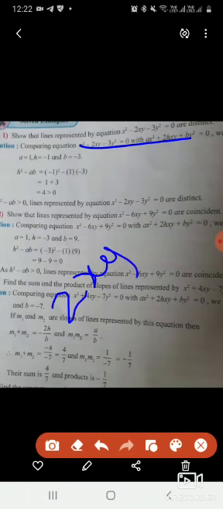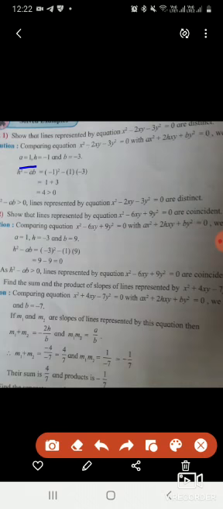So first we compare the given equation with the general equation. a is equal to 1, and 2xy is equal to 2hxy, so 2h is equal to minus 2, so h is equal to minus 1. The x square coefficient is a. B value is equal to minus 3. We got the b value also.